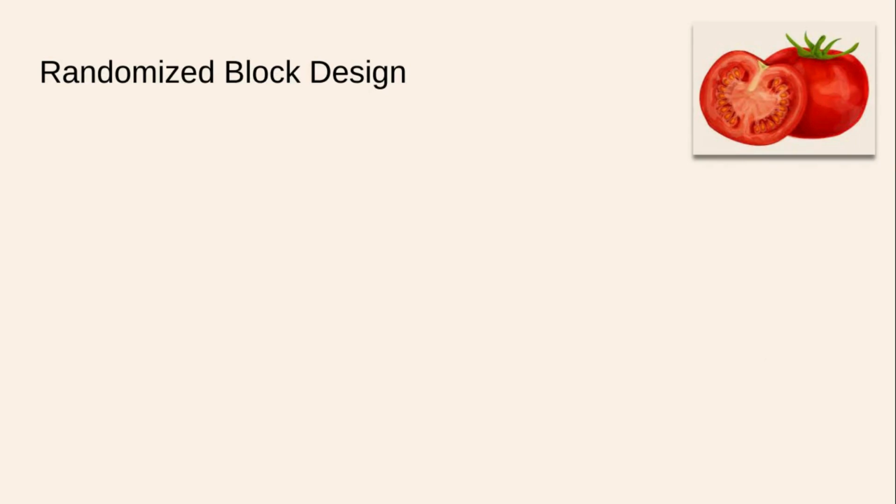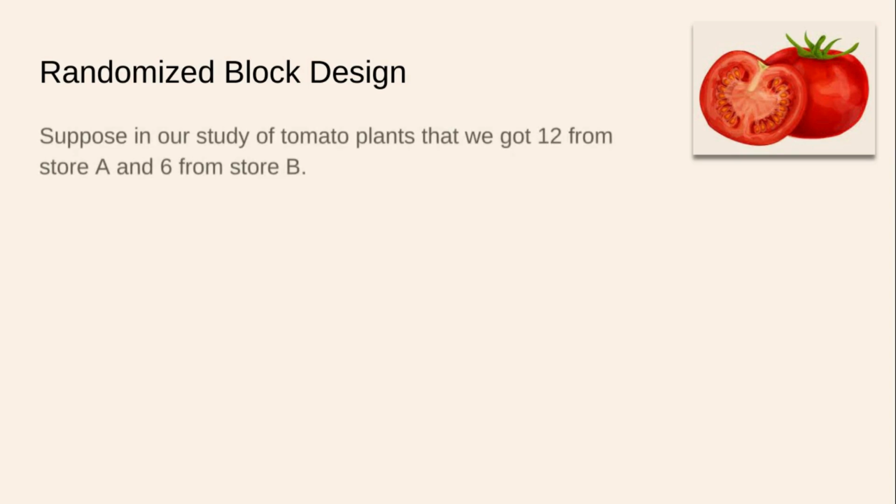So, randomized block design. Here we're going to take two of those elements that we've already talked about, randomizing and blocking, and put them together into a common design for an experiment. So, suppose in our study of tomato plants, we are seeing whether this OptiGrow fertilizer produces tomatoes with better qualities.